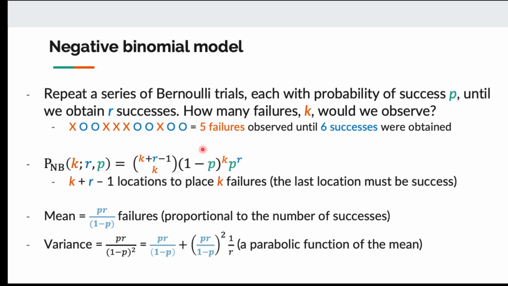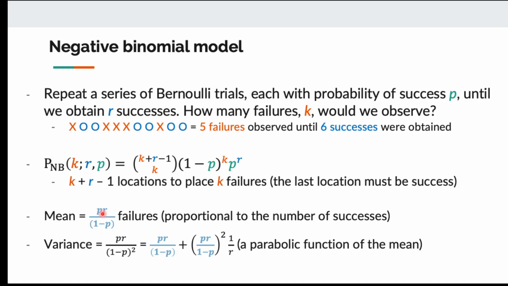Once we know the probability density of this distribution, we can calculate the mean. And the mean is p times r divided by 1 minus p. You can think of this as: if you have r successes, and you want to know your expected number of failures, it's going to be proportional to the number of successes.